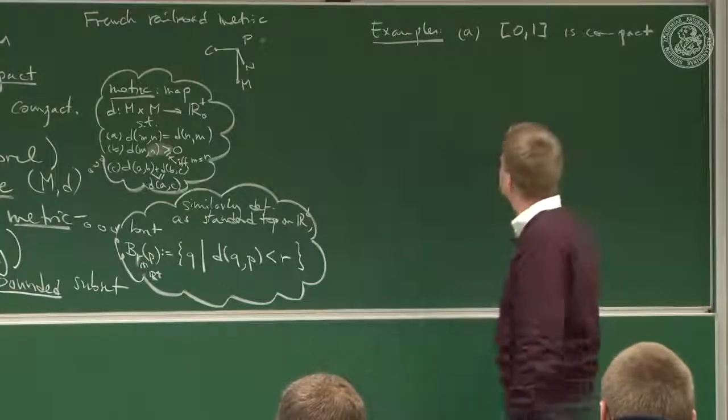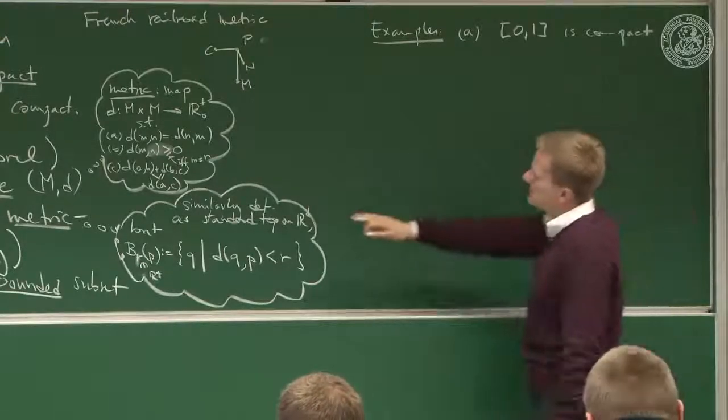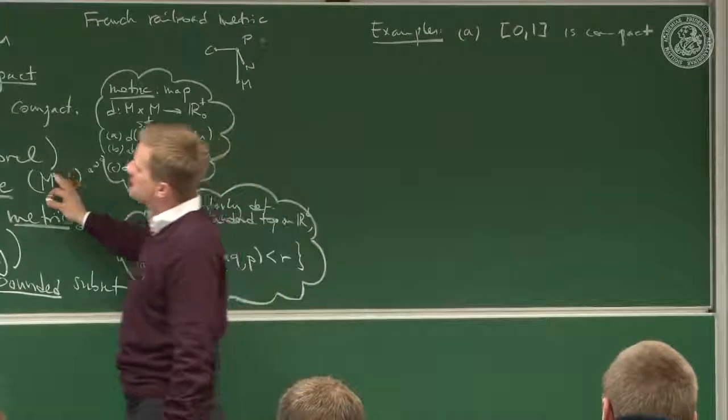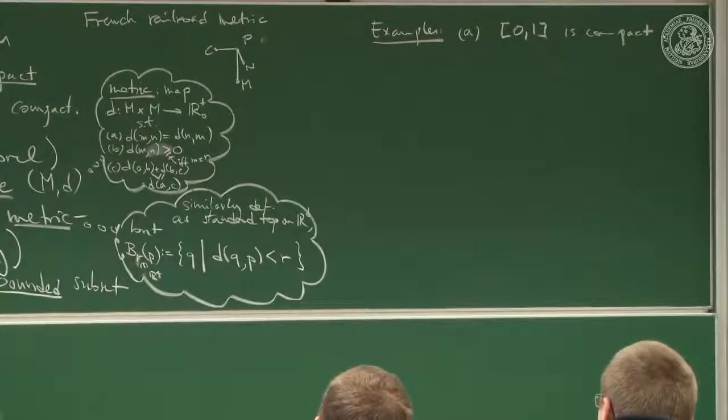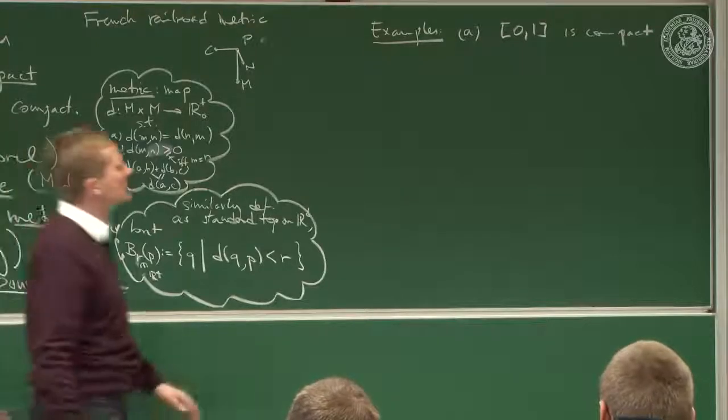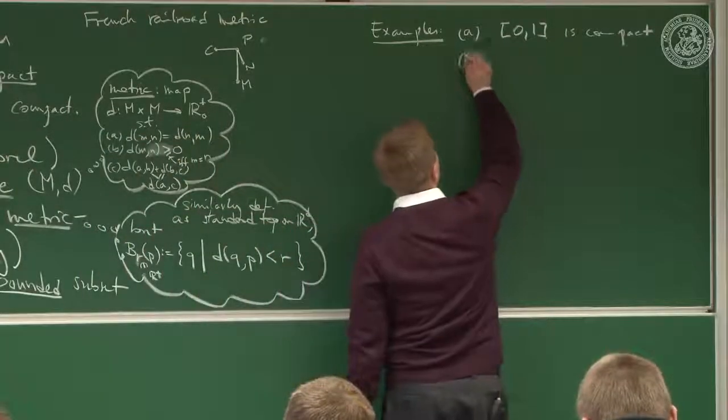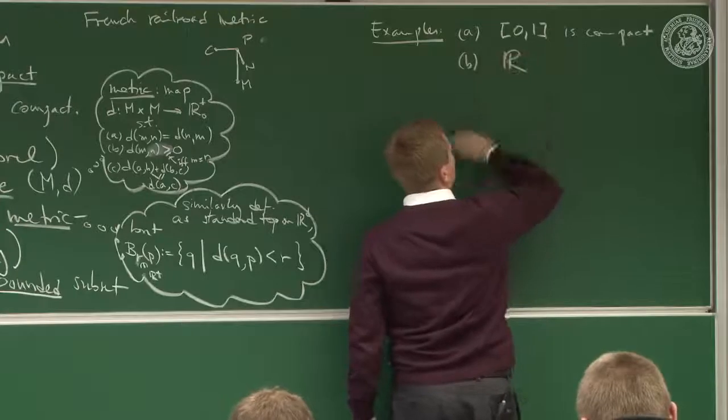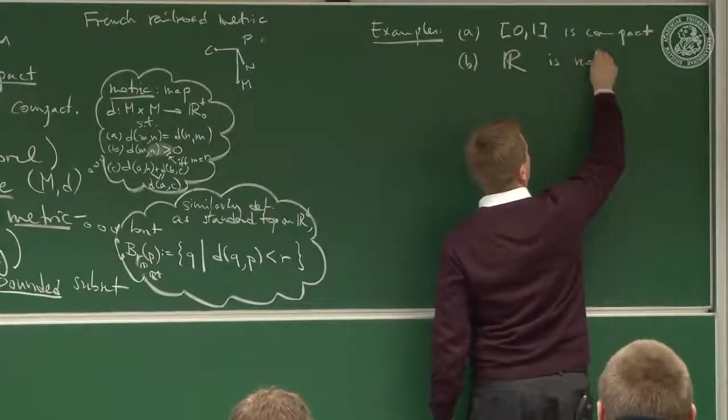That will give you a metric. It's compact in that sense, according to Heine-Borel, but it's also compact as a subset of the real numbers, with the topology on the interval being the induced one from the topology on the whole real line. Well, of course, it must be, because Heine-Borel holds. Okay? So that interval is compact. The real line is not compact.